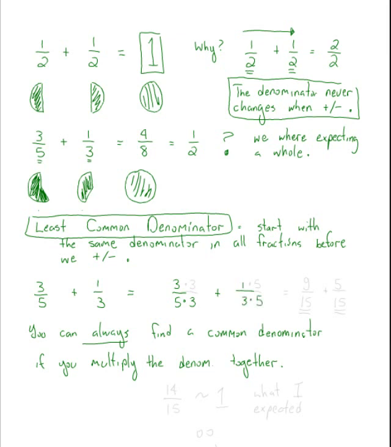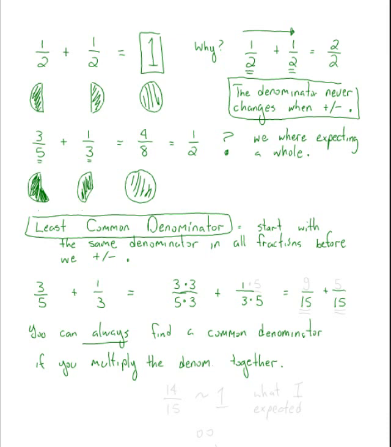Now, if I left it like this, it would make a different sort of fraction, right? Because I would end up with 3 over 15 and 1 over 15, and I've actually changed the size of the fraction. So I can't do anything to the bottom without doing it to the top. So I have to multiply on the top also by 3.